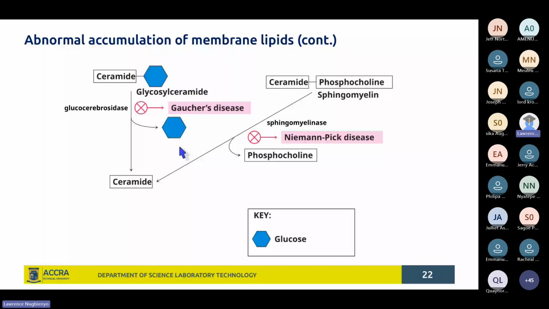And that protein may become inactive, or perhaps the synthesis of the enzyme is deficient in such a way that not enough is made. And all of these can result in some of these conditions.